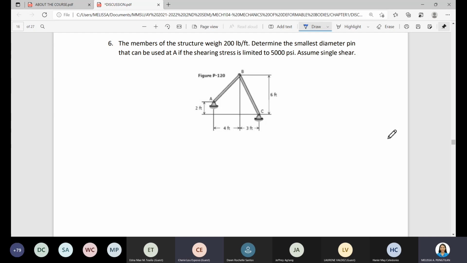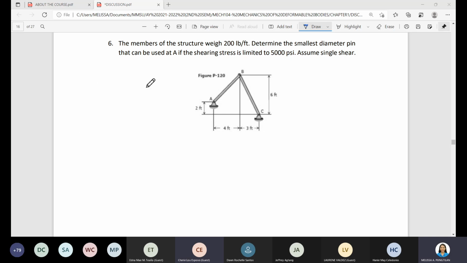Determine the smallest diameter pin that can be used at A if the shearing stress is limited to 5,000 psi. Assume single shear. Okay?